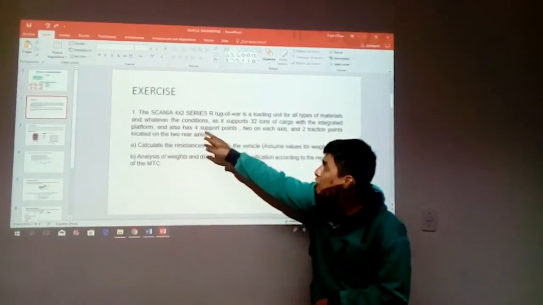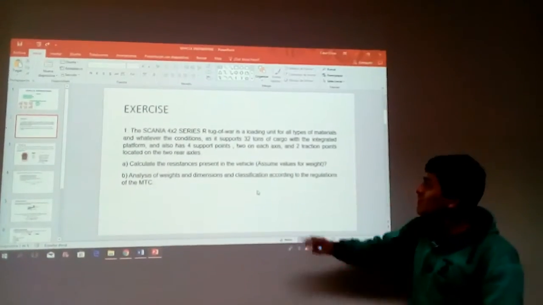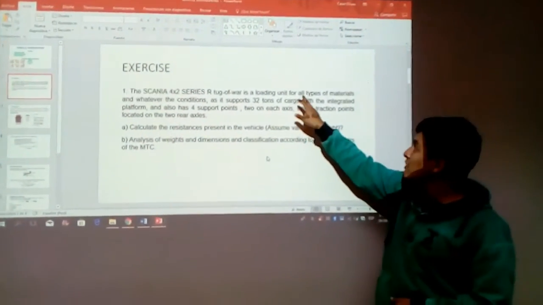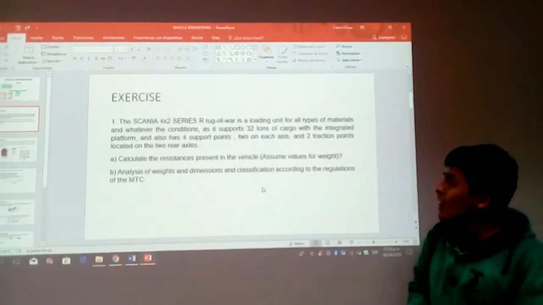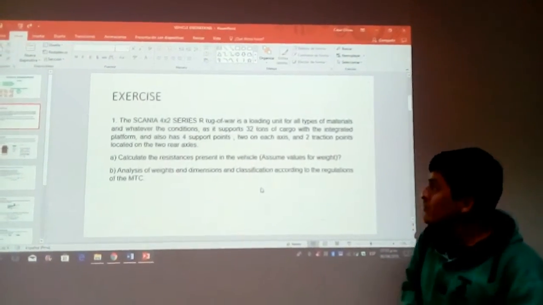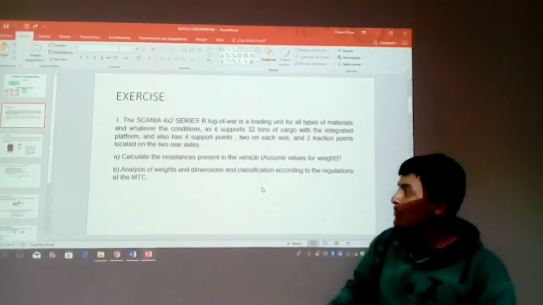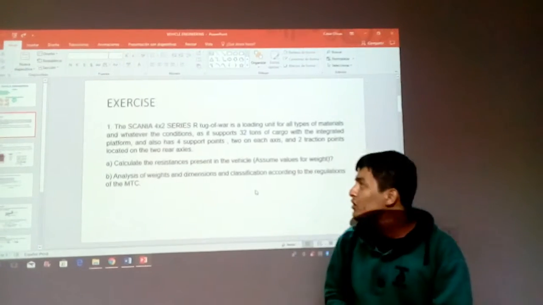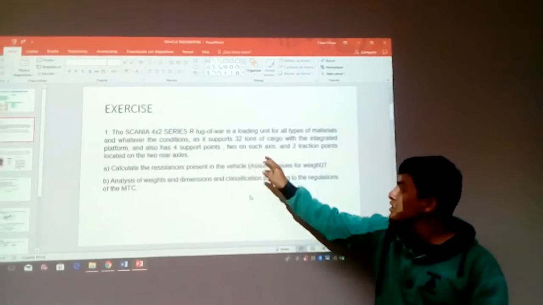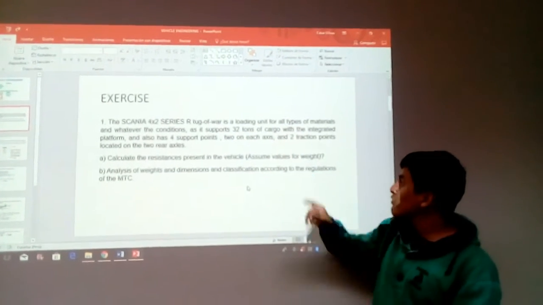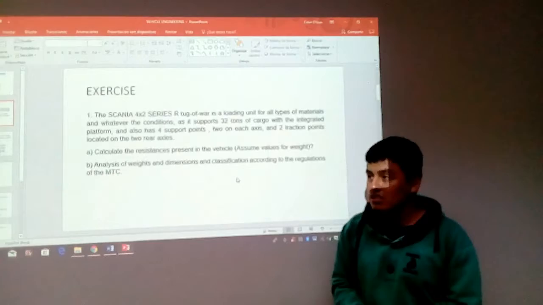The Scania 442 series air tag of wheel is a running unit for all types of materials and whatever the condition, as it supports 31 tons of cargo with the integrated platform, and also has 4 support points, 2 on each axis and 2 traction points located on the 2 rear axles.